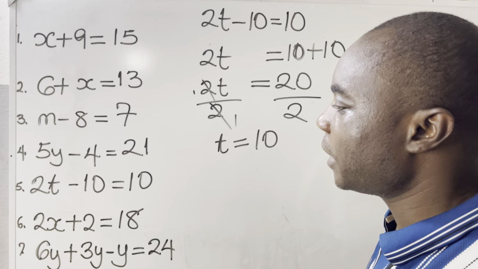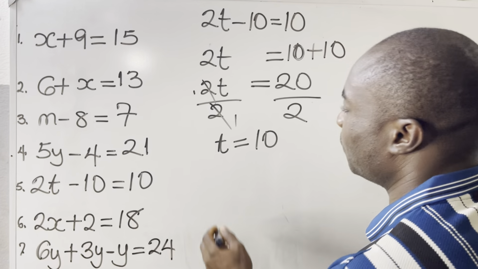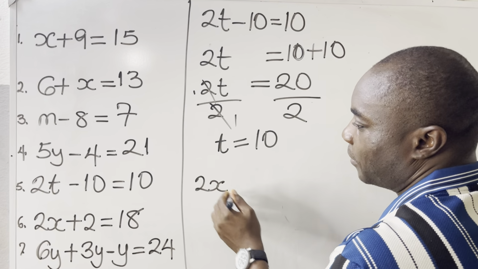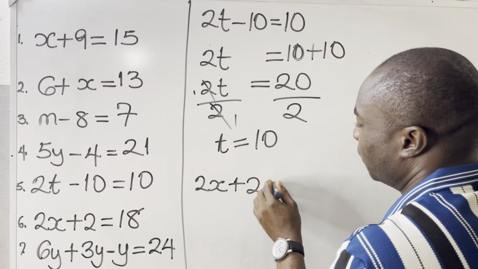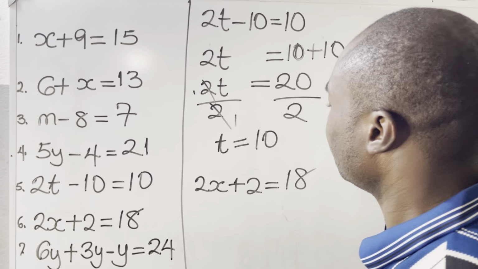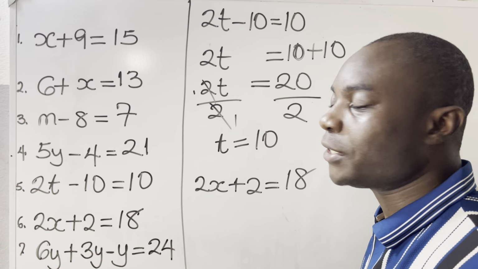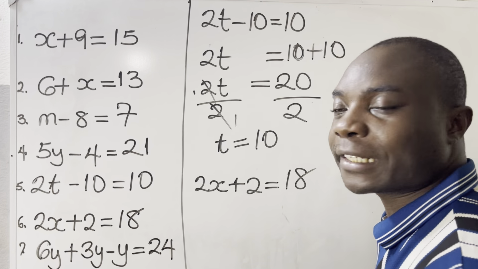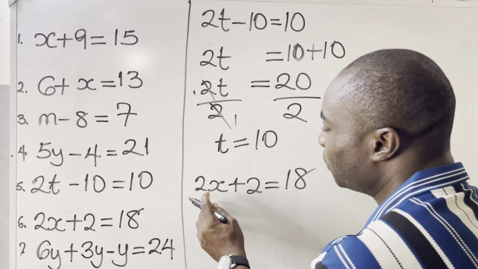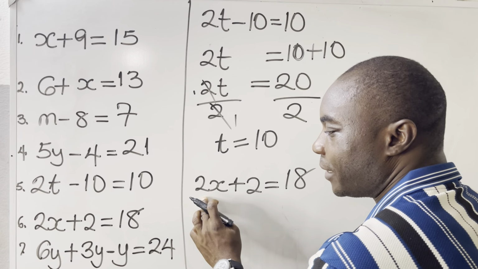All right, so the next question is 2x plus 2 is equal to 18. Just like we've been doing, we'll collect like terms. That's the first thing. We'll take the numbers to one side of the equation, and the one with the letter is brought down.